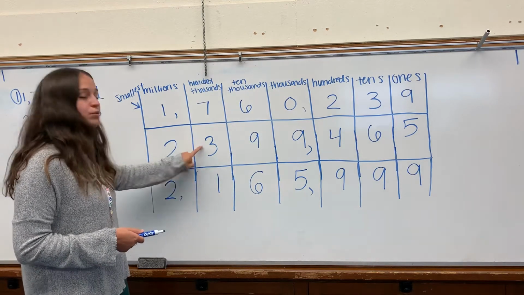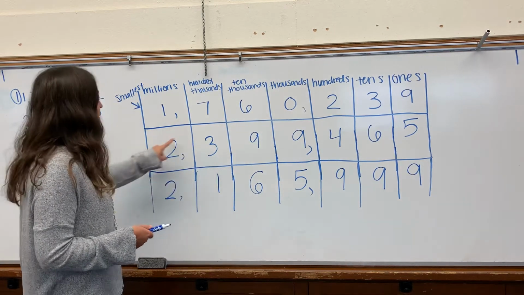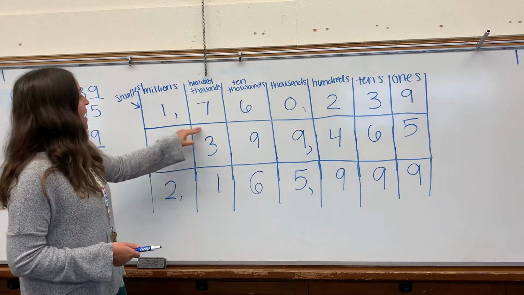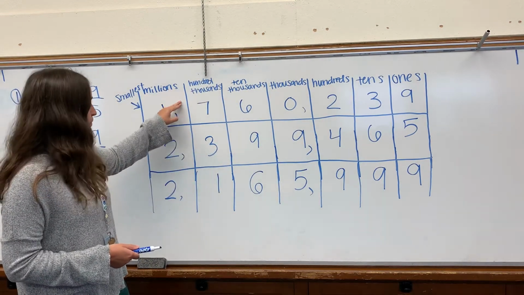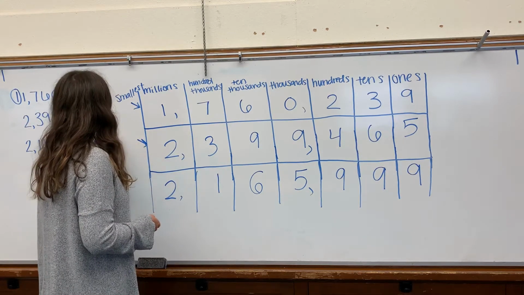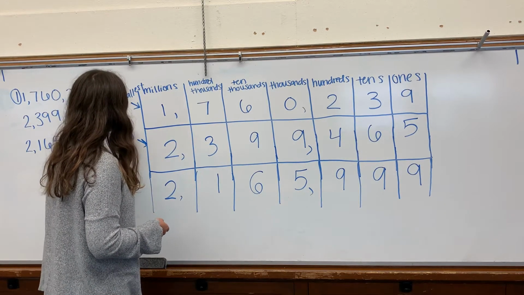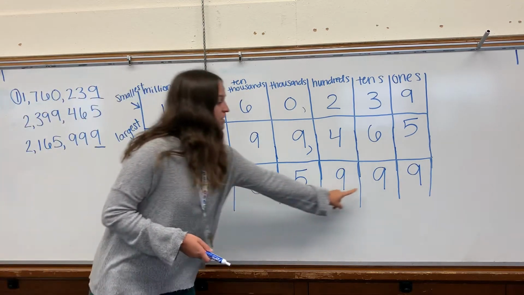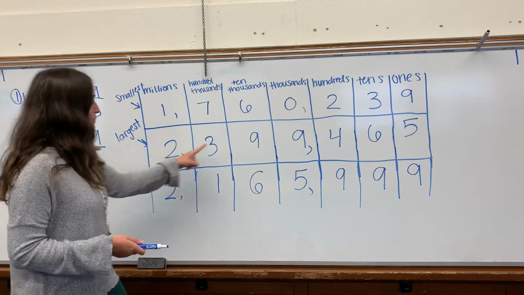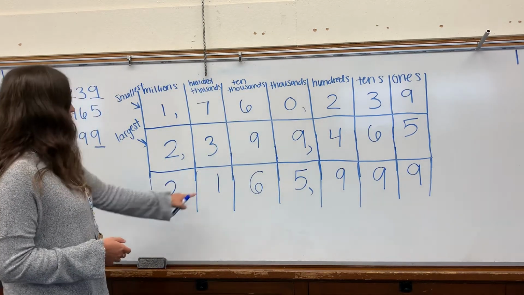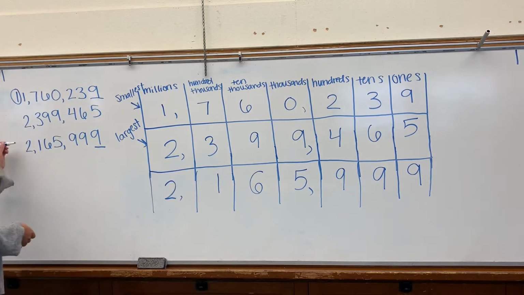So I know 3 is bigger than 1, so this number must be the biggest number because it's bigger than this one and it's bigger than this one up here, okay? So this is my largest number, okay? So then that means this number must go second, and then this number is last. So I'm going to put a 2 next to 2,165,999.